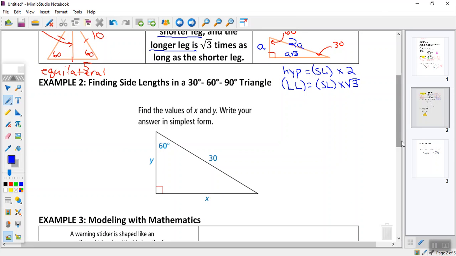So this is 90 plus 60 is 150 from a total of 180. Very good. Take about 30 seconds and find y and x and check with someone around you. Make sure you agree. Once you have x and y figured out, let's check with someone around you and see if you agree.